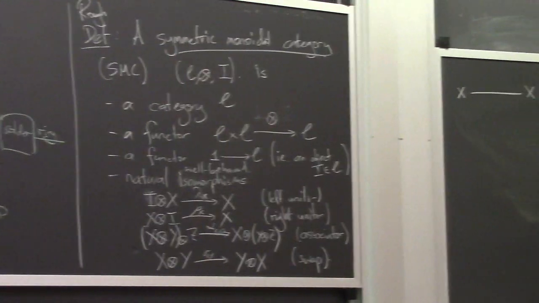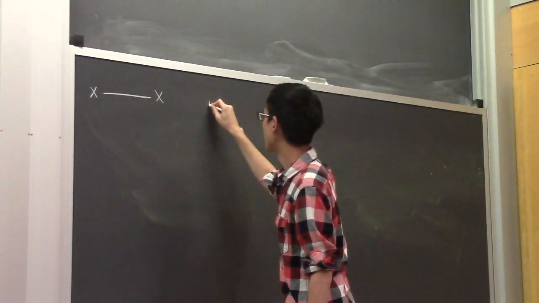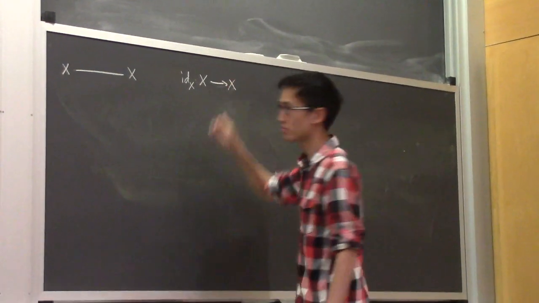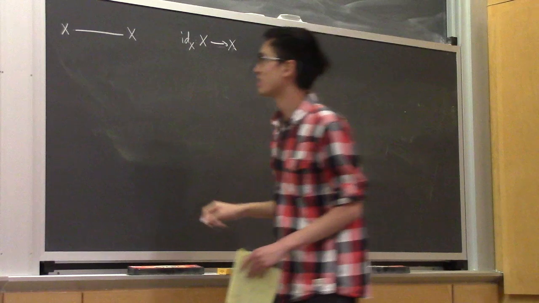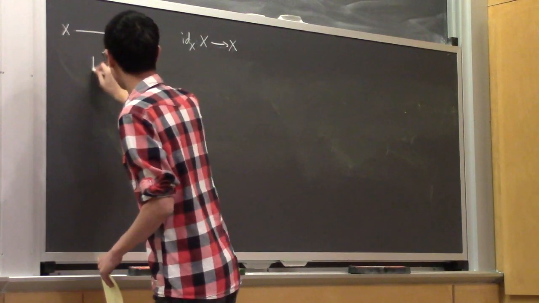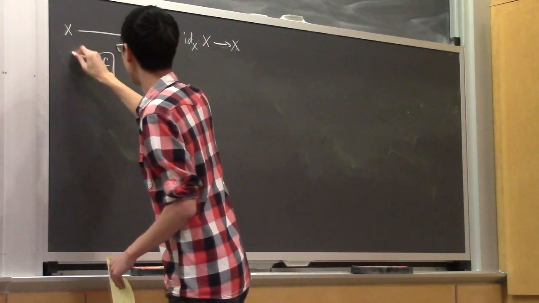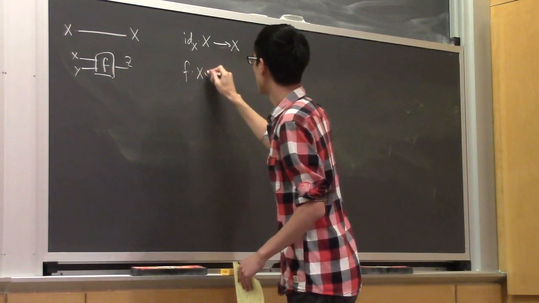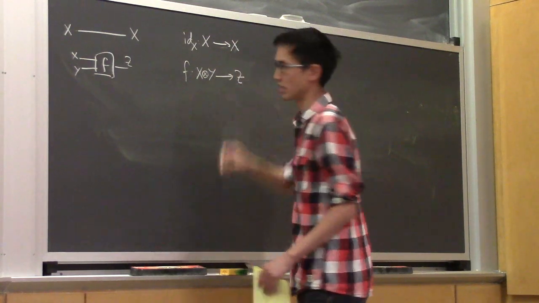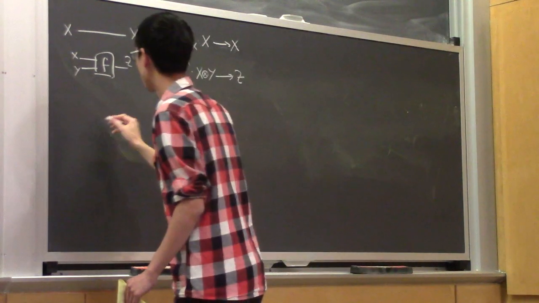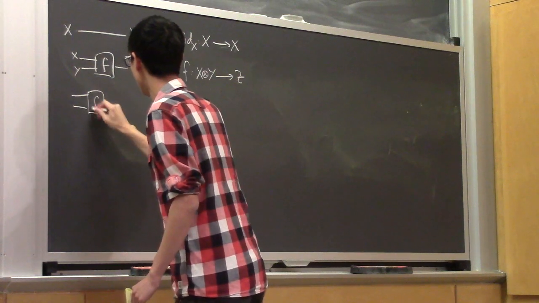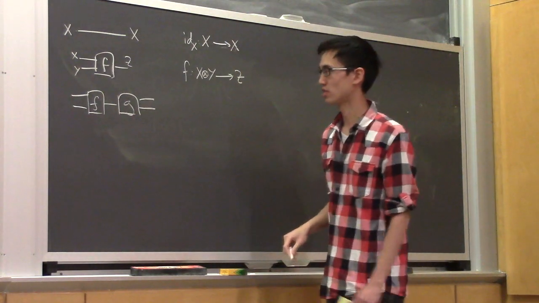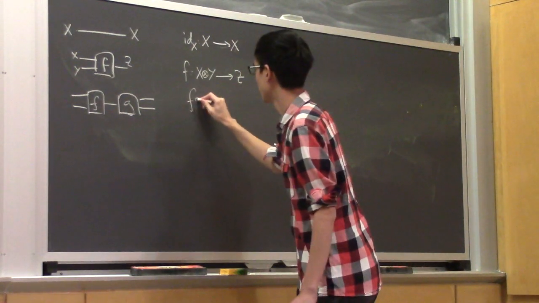We interpret a diagram like that as representing the identity morphism on X. If I see a diagram like this, I interpret it as a morphism from X times Y to Z. If I see things in series, this is composition.